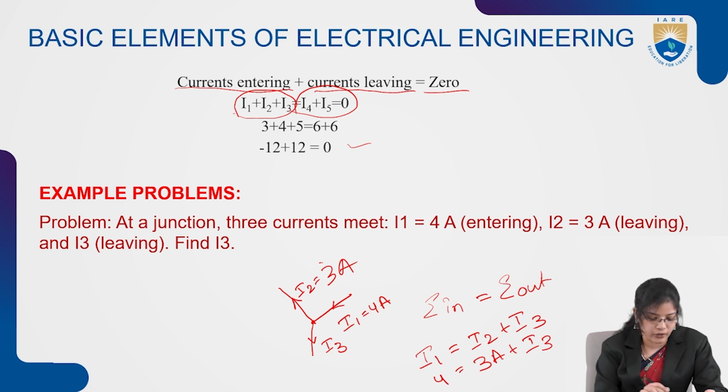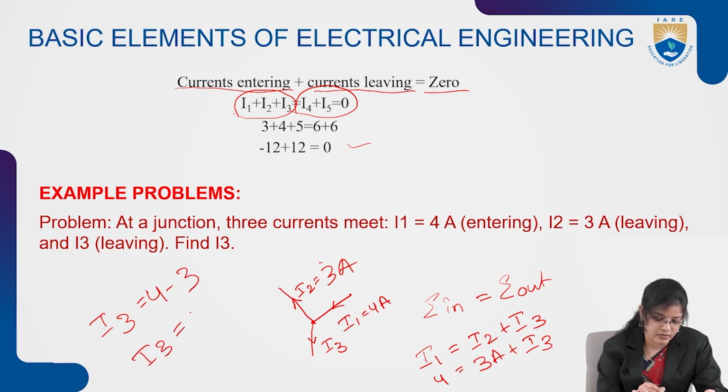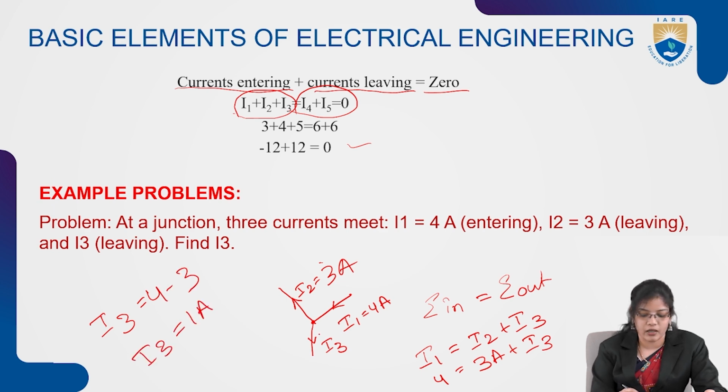From I1 and I2 we can find I3 as 4 minus 3, which is 1 ampere. So the current leaving the junction, I3, is equal to 1 ampere.